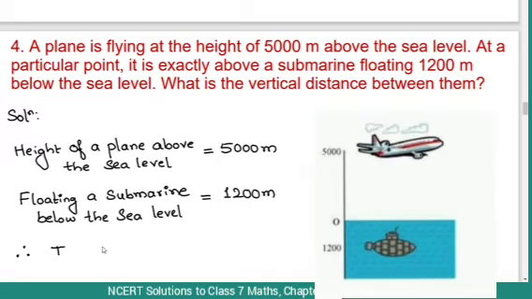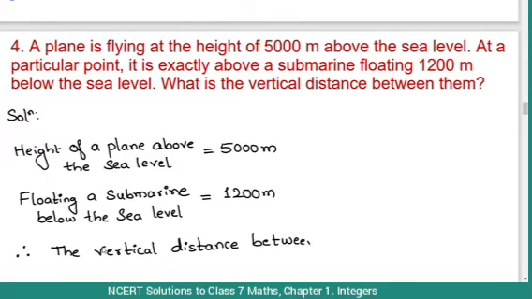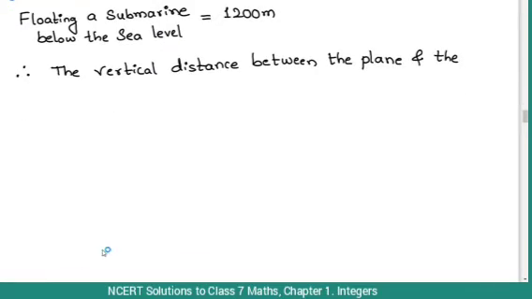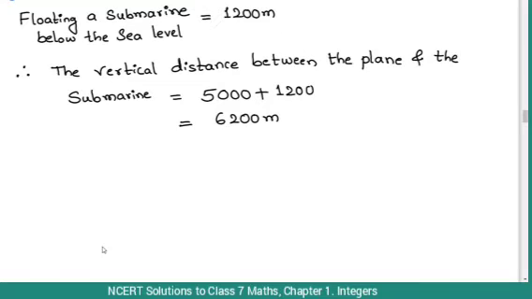Therefore, the vertical distance between the plane and the submarine is equal to 5000 plus 1200, which is equal to 6200 meters.